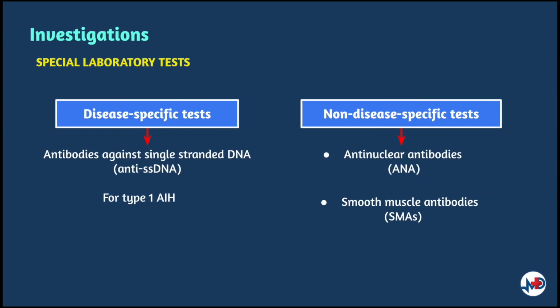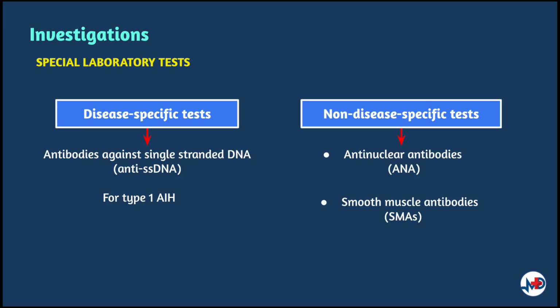How about special investigations to consider in autoimmune hepatitis? Additional testing may be necessary to pinpoint the cause and help direct treatment. Some examples include an acute hepatitis panel as well as autoimmune antibodies, as mentioned earlier: anti-nuclear antibody, anti-smooth muscle antibodies, antibodies against single-stranded DNA, and anti-LKM1 antibodies, which are associated with autoimmune hepatitis.